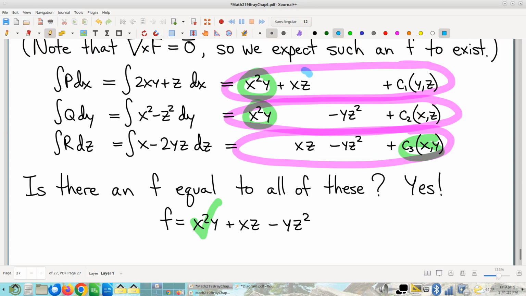Let's continue. I have an xz there, an xz there. No xz in the gap where you would have hoped it would appear, but you know what? It could be that function right here. Keep in mind, C2 could be any function of x and z, such as xz.